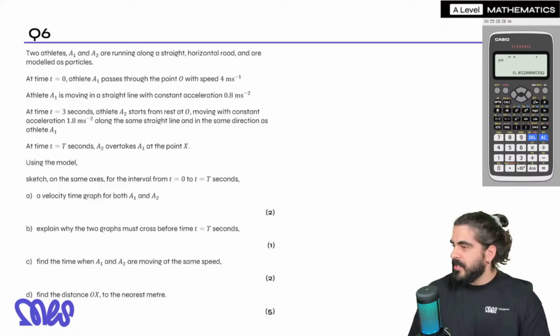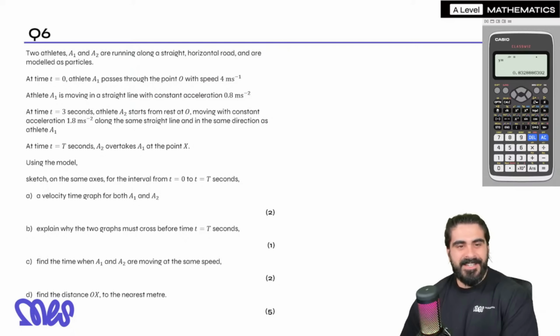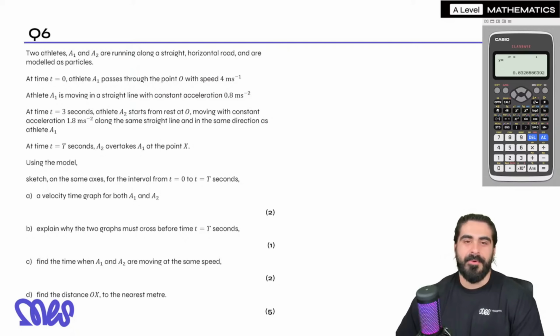All right, now we're getting to the mechanics side. 2 athletes, A1 and A2, are running along a straight horizontal road and are modeled as particles. At t equals 0, athlete A1 passes through the point O with speed 4. A1 is moving in a straight line with constant acceleration, 0.8 meters per second squared.